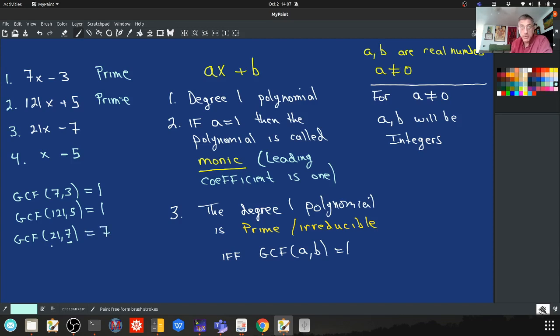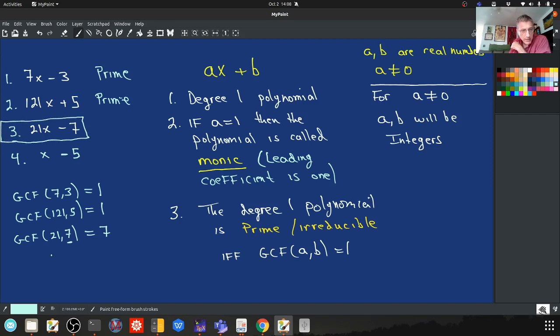Now remember, those aren't the only two options. Every number between 1 and the smallest of the two numbers is a possibility. So sometimes there's an awful lot of possibilities for the GCF. So this one has a factorization. So this one can be factored. This one right here.